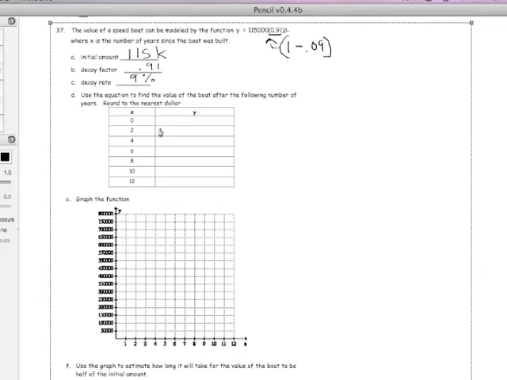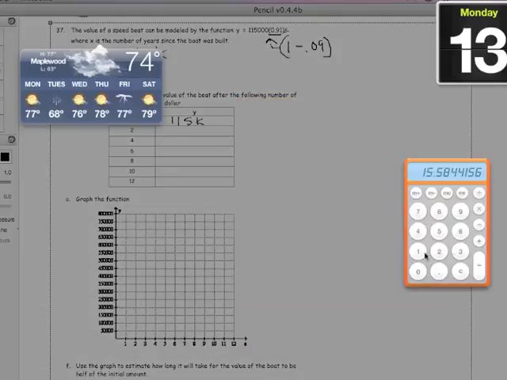Use the equation to find the value in the following years. So this was 115K, so after 2 years, 0.91 times 0.91, it's going to be worth 83% of its original value.